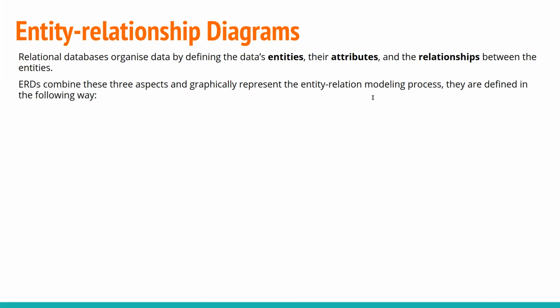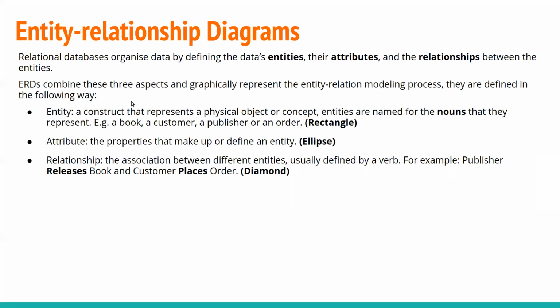In fact, we've been using the same word to describe one of them: attributes. You've heard this word before, and it's very similar in this case. And you'll see that now. So entity relationship diagrams combine these 3 aspects, entities, attributes, and relationships, and graphically represent them.